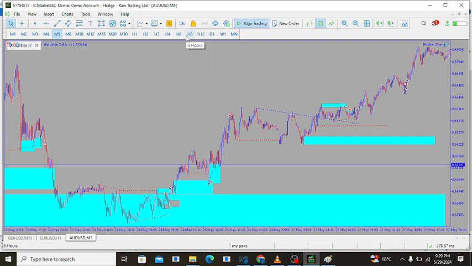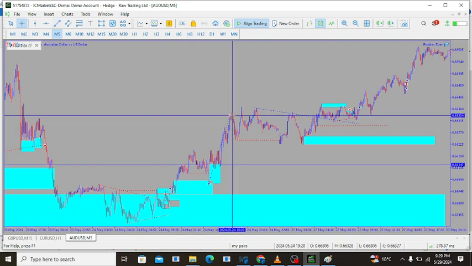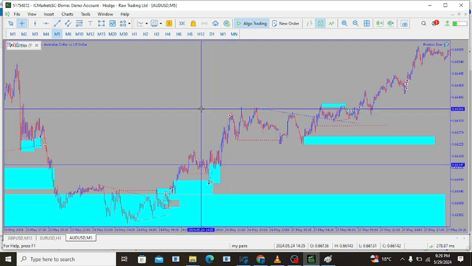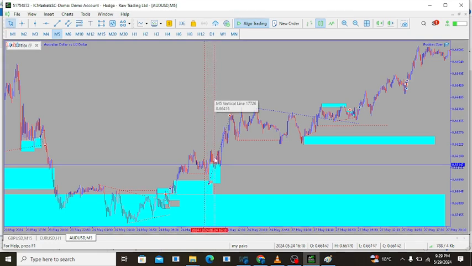I think it's during New York open around here. This is during a kill zone. This is a kill zone.